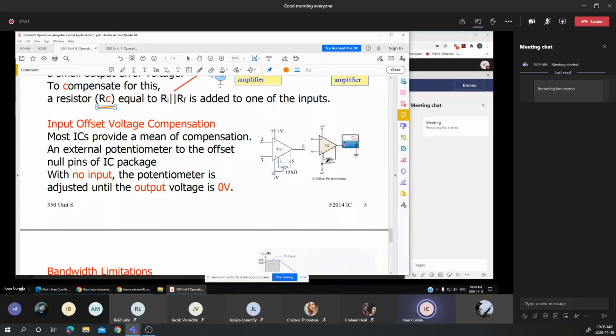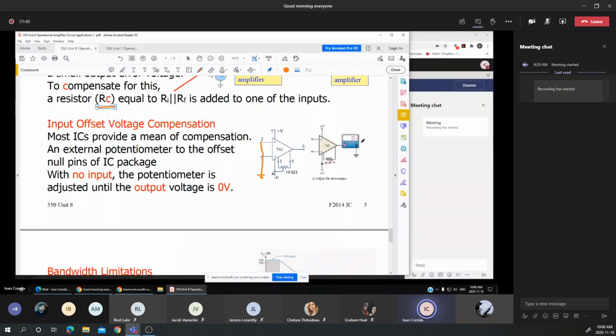That's a very simple basic configuration. By simply adjusting the biasing of the input stage, we make the output voltage 0 if the two inputs are connected to the ground of the circuit. That's another possibility.